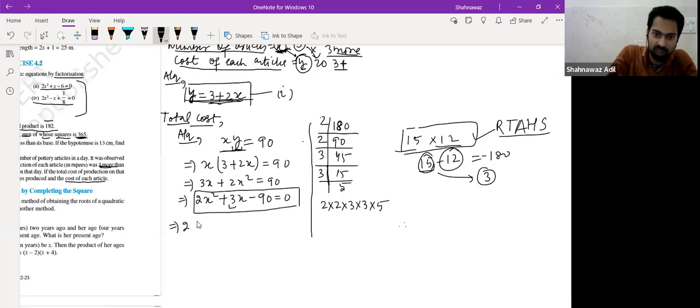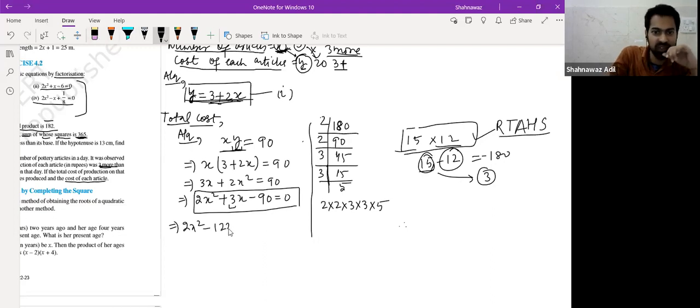So 2x squared plus 15x. I should write the 12 first, right? Because then we can take the common of 12, so minus 12.